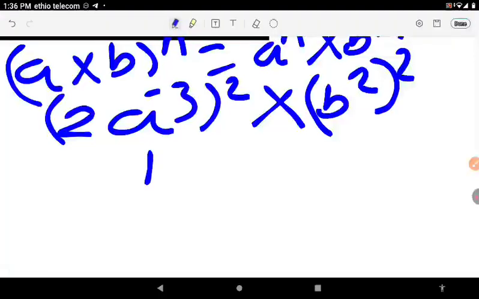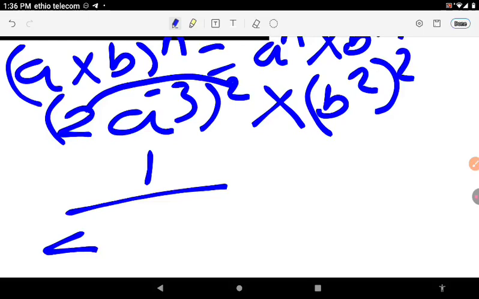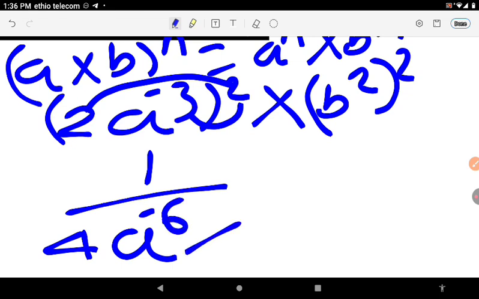So 1 over 2 squared means 4. 4 a to the power of minus 3 times 2, which is minus 6, times b squared, which is the power of 4.